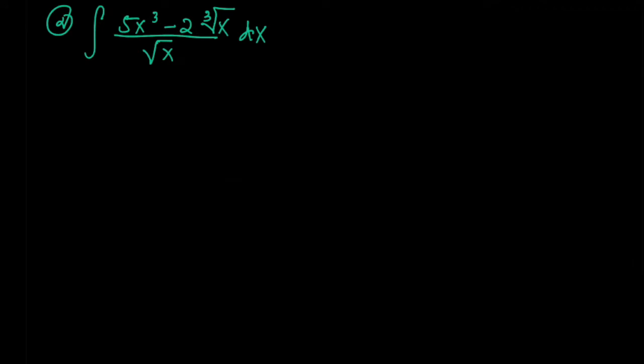To simplify this, the first thing that we need to do is express the radicals as exponents. So the integral of 5x cubed minus 2, instead of cube root of x, we'll express it as x raised to 1/3, all over, instead of square root of x, x raised to 1/2 dx.